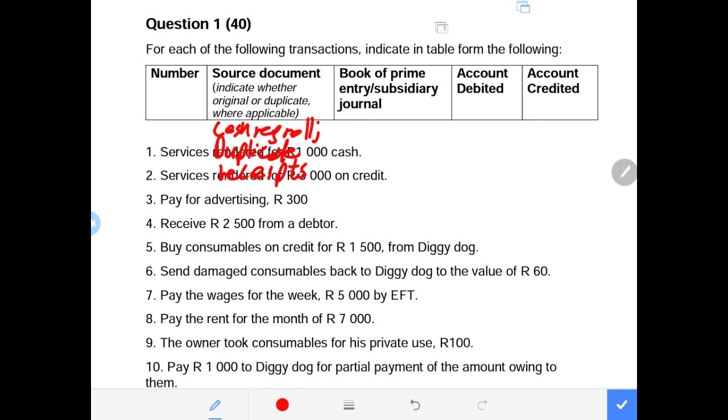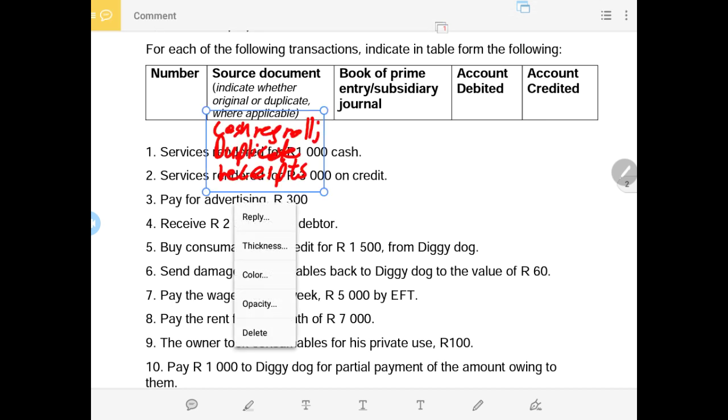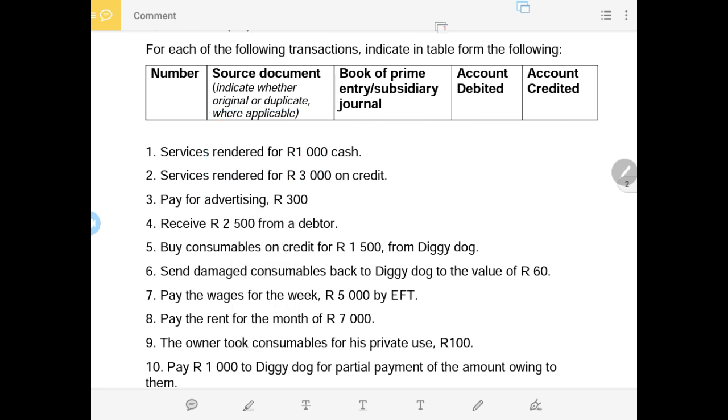In this case, we rendered a service to a customer, so we are going to give the customer the original document, so that if the customer wants to return, if we are selling a product, the customer can bring the original document. So as a company, we will be taking the duplicate.